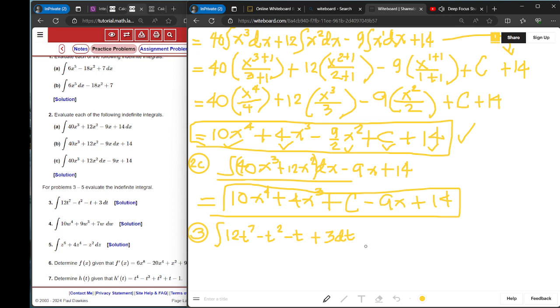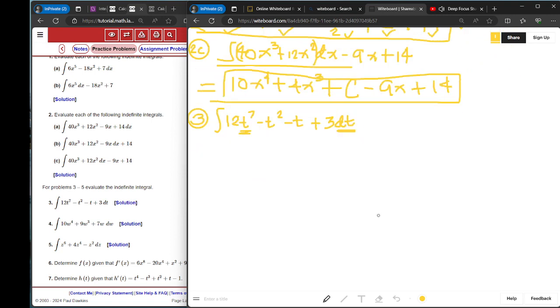And do not be confused if the problem will have other variables, because any variable can be placed in the integral as long as the variable here is the same as this dt, or the derivative of t. So in our previous examples, that's derivative of x. Here, this is derivative of t.